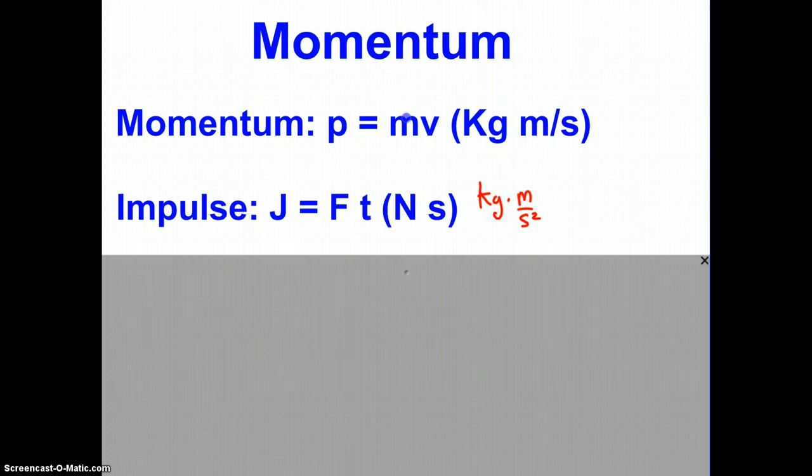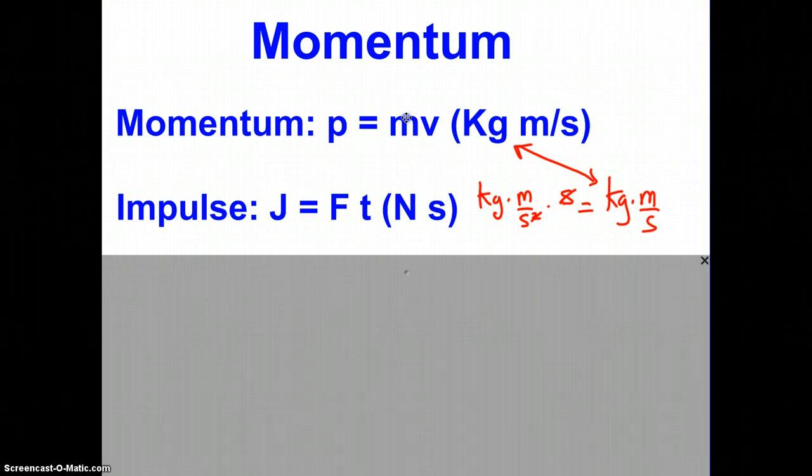Now when we multiply by time in seconds, the seconds cancels out the square in the denominator of the meter per second squared, and what we get is the kilogram times meter per second. And what we notice here is that is the same as the units of momentum.